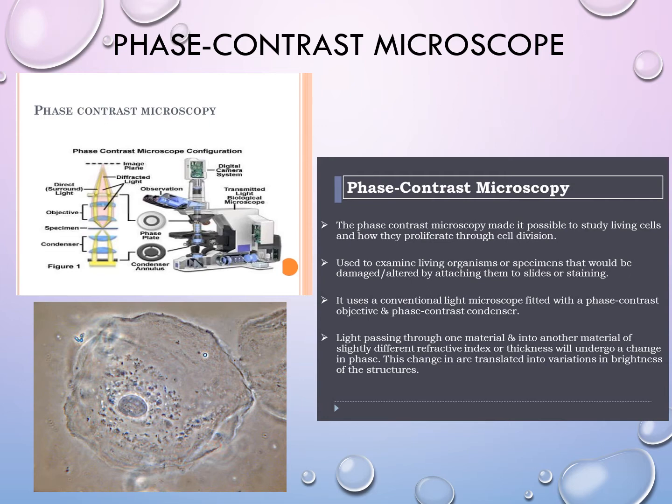And because it bends light in different directions, there's two different types of rings that focus and either refract the light or undiffract the light, and because of that, the microorganism is going to appear in various shades of light and dark, and you can see that in this bottom left image that I have here for you, where the internal structures, the edges of the microorganism and the nucleus inside are kind of outlined in brighter white light with varying shades of gray in the background.